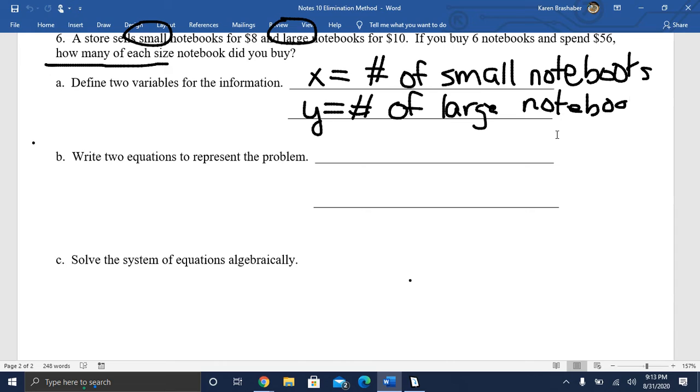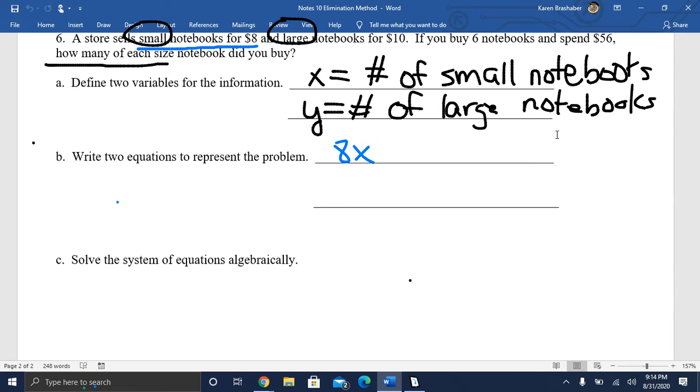And then your next task on solving a word problem of systems would be to come up with two equations. One thing I notice is that I've got amounts of money. So it's $8 for every small notebook, so $8 spent for however many notebooks are purchased.